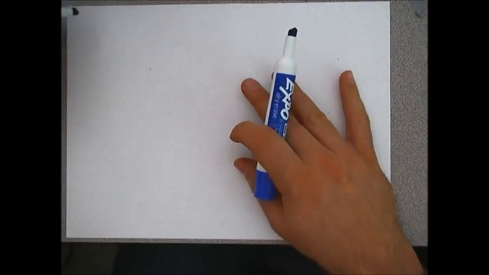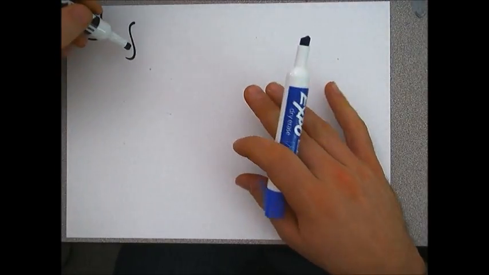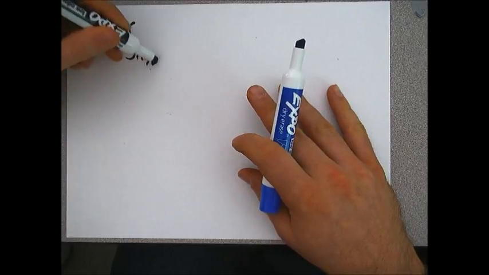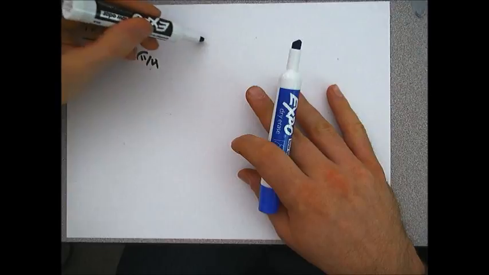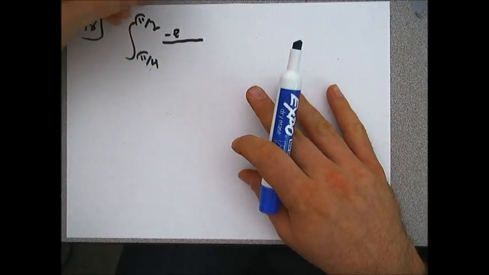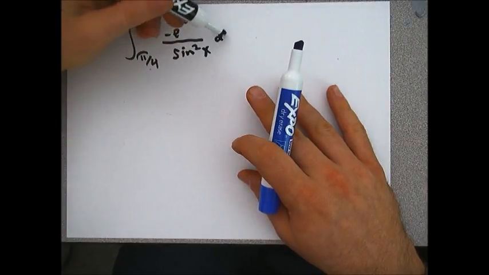Number 18. Integral from pi over 4 to pi over 2. Up top is negative e to the cotangent x. On the bottom is sine squared x, and dx.